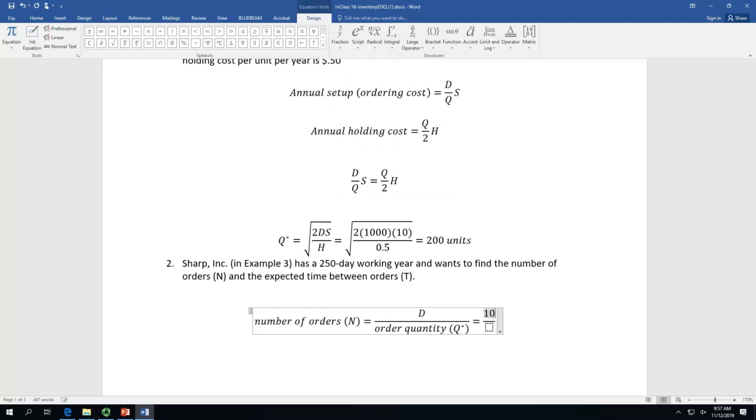In this one, it is 1,000 units divided by 200 units per order. Then the total should be 5 orders.